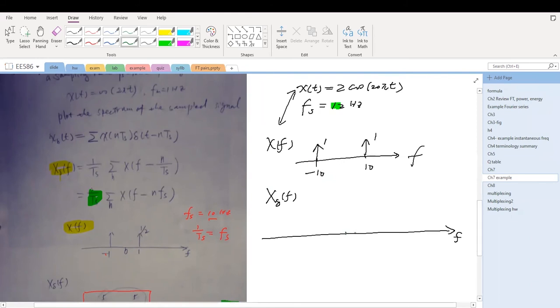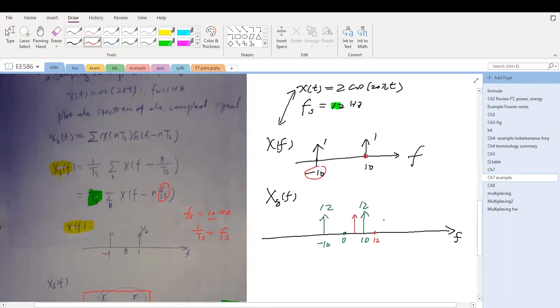I'm going to make it a little smaller here. The first copy is at 0, 10, minus 10. This becomes 12 and 12. And then I have another copy at Fs. Fs is 12. So this is 12. And then minus 10 becomes 2.